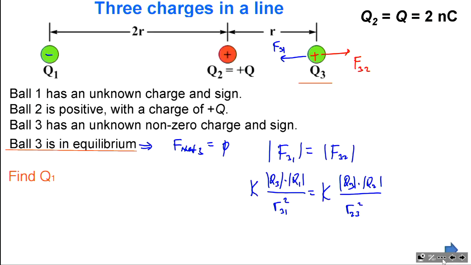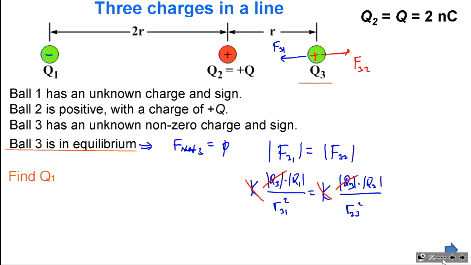First of all, we can make it simpler. Every time we can make an expression simpler, we have to. That's the law. So how can we make it simpler? Cancel k's immediately, and where else? Q3.